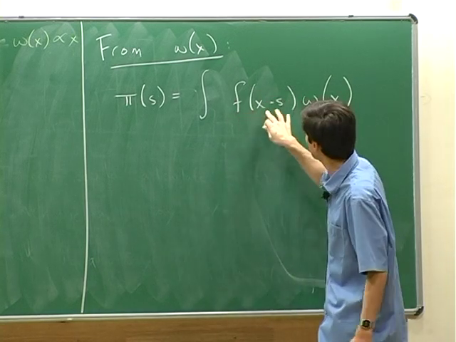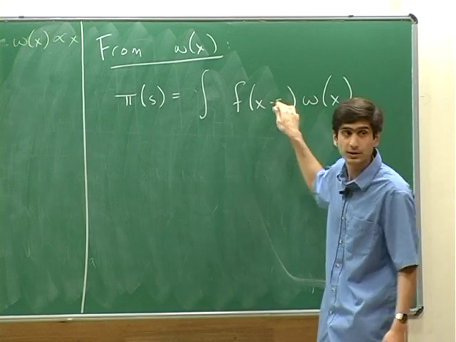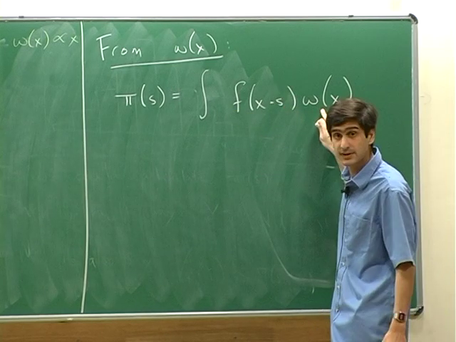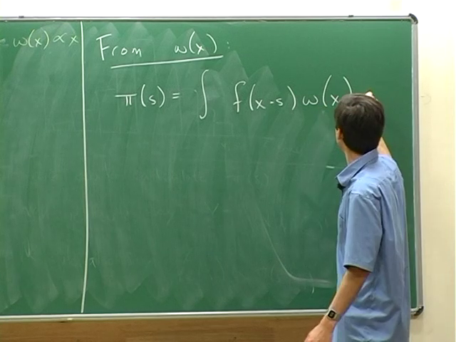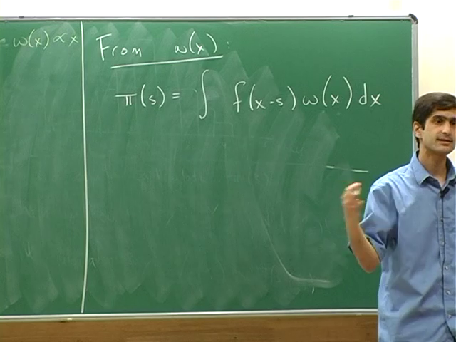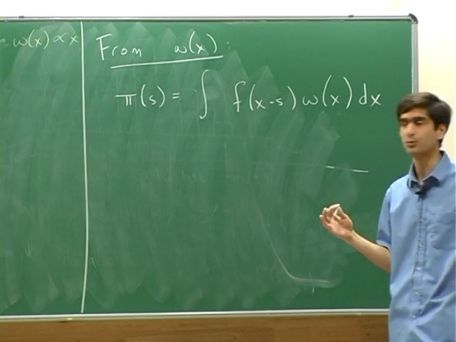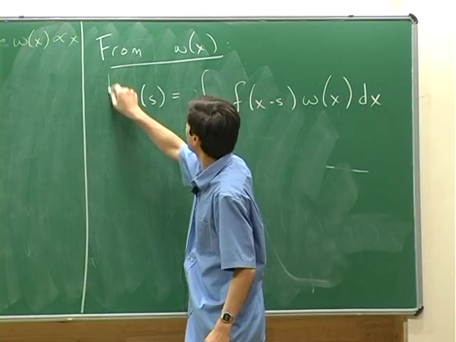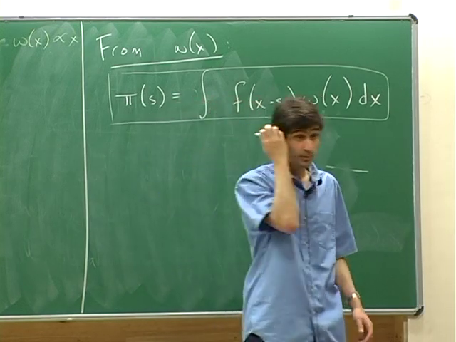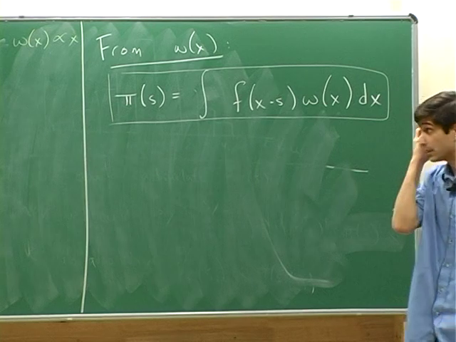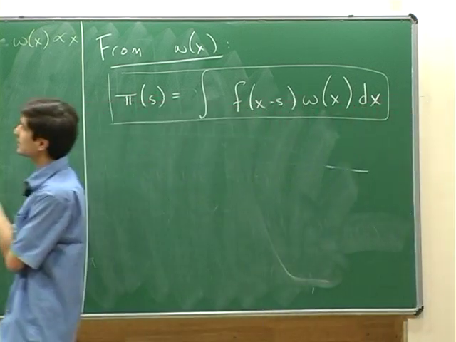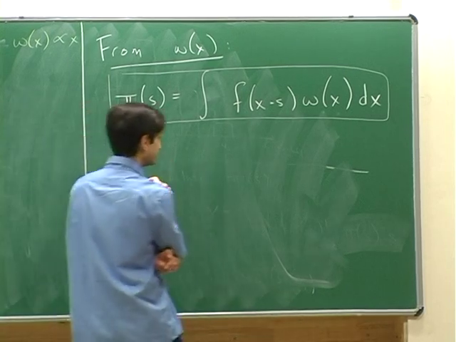If it occurs on background X minus S, it will land at fitness X, and its probability of fixation will be W of X. And we need to average that over all possible X's, all possible backgrounds it could land on. So this gives us the pi of S, the fixation probability of the mutation given its fitness effect.